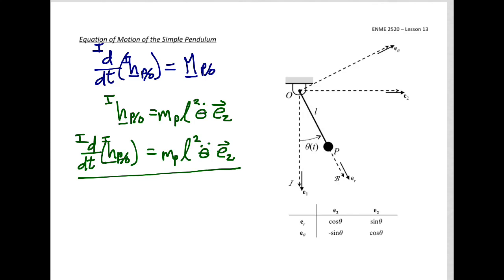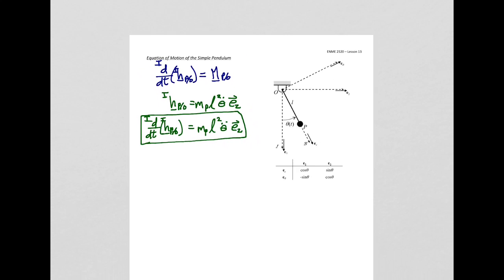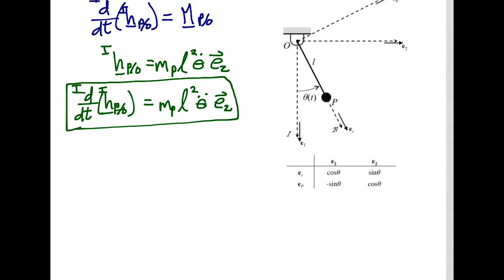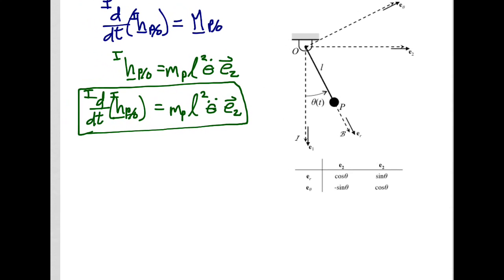And so our left-hand side is complete in this expression. So now we need to calculate the right-hand side, being the moment of the forces acting on point P relative to point O.